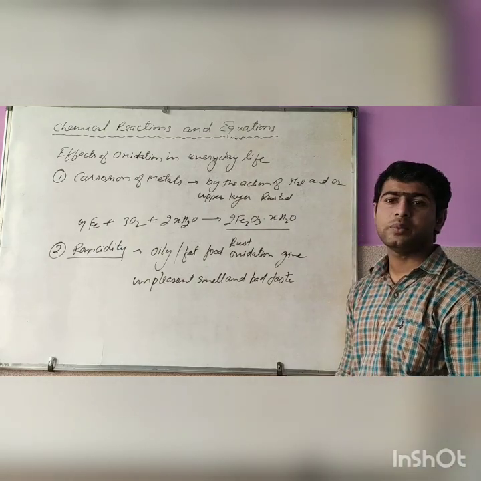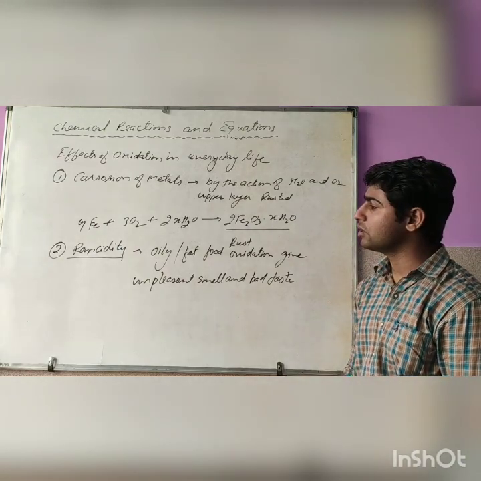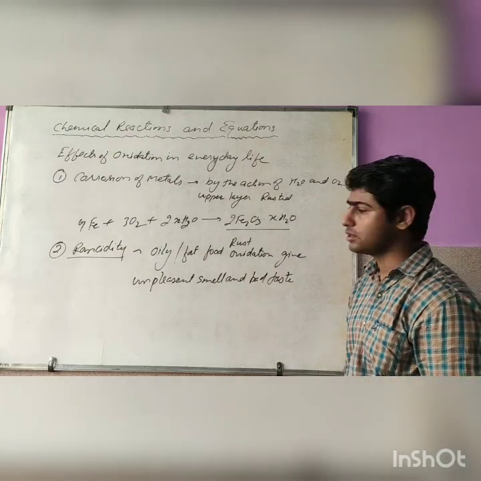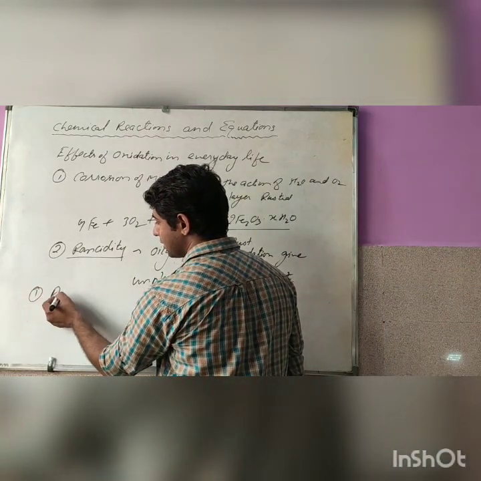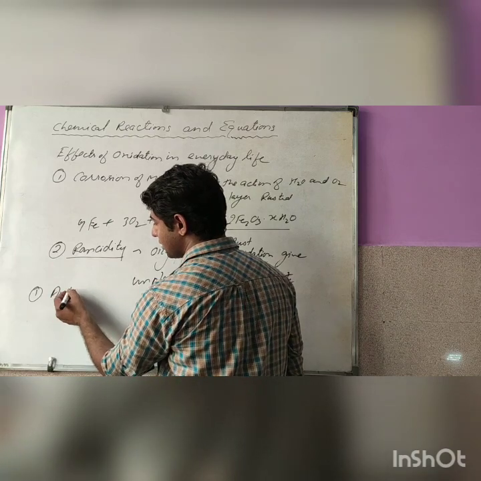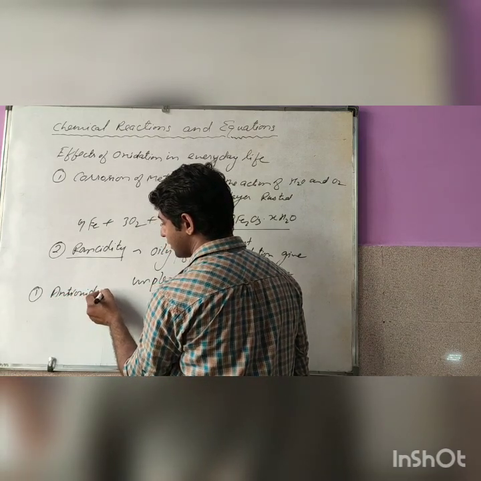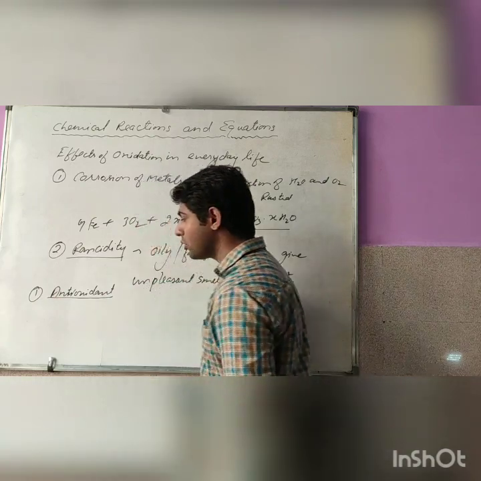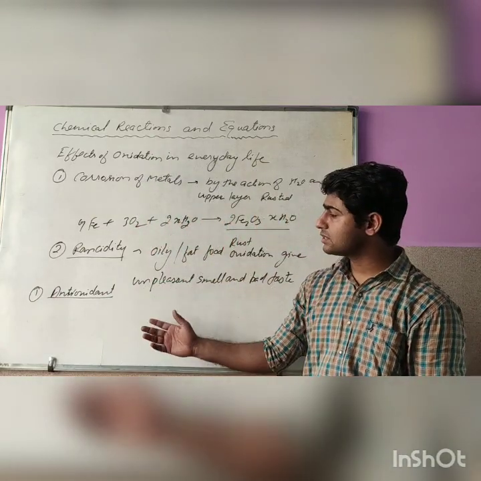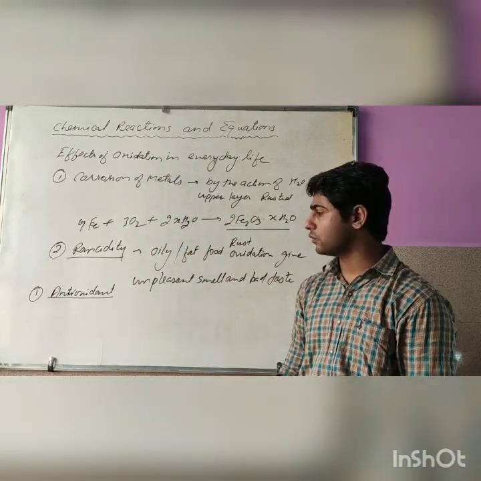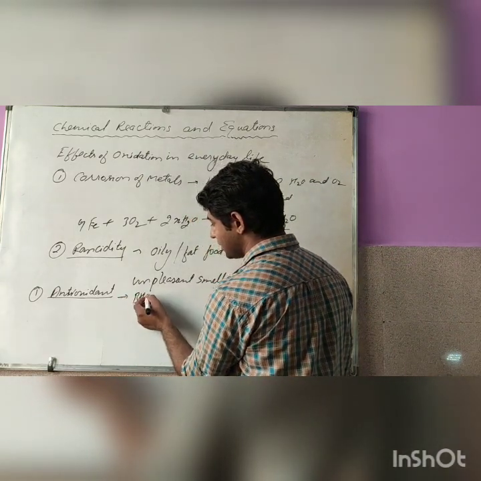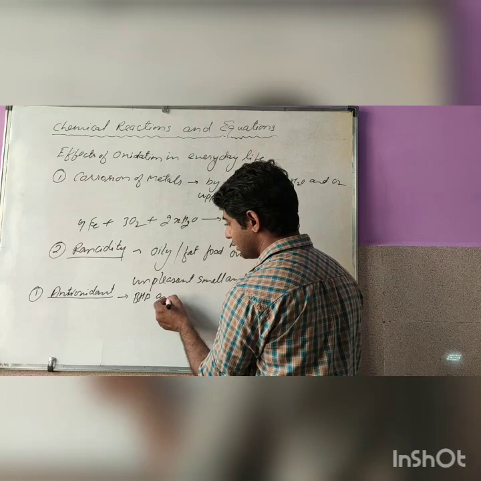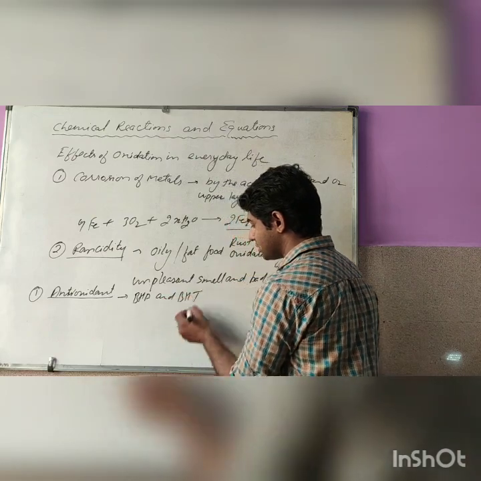So what are the different methods to prevent rancidity, or how can we prevent rancidity? The first one is by adding antioxidants. What are antioxidants? These are chemical substances which prevent oxidation of food, like BHA and BHT.